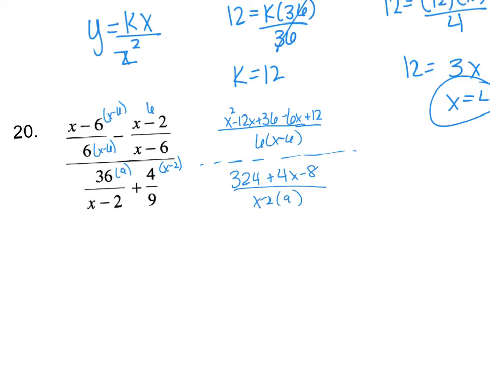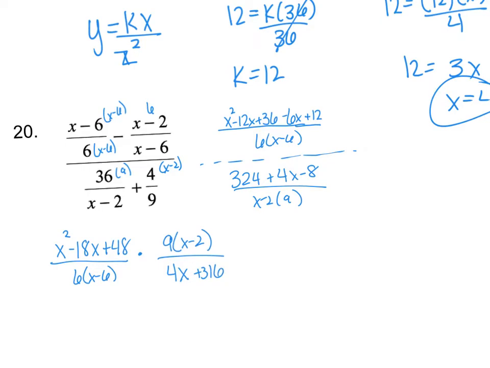So up here we have x squared minus 18x, 48 over 6 times x minus 6 times 9 times x minus 2 over 4x plus 316. So I cannot factor this.